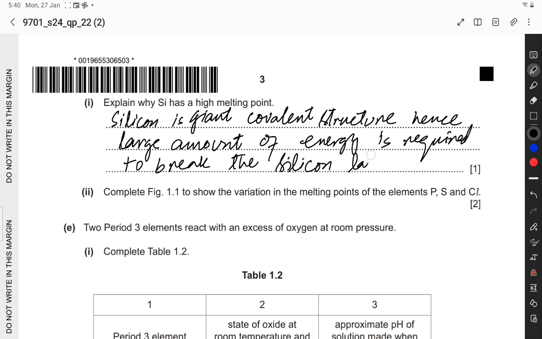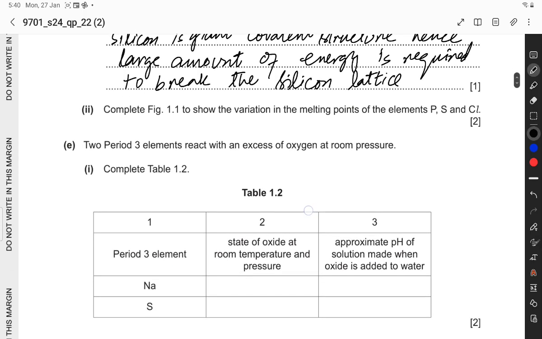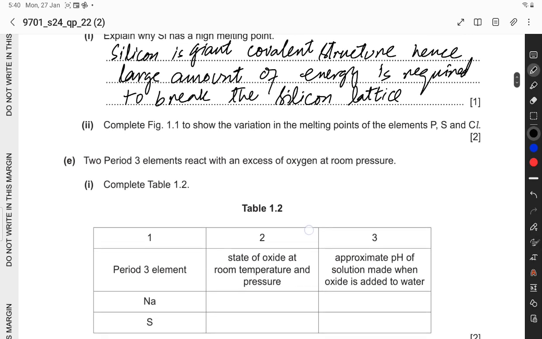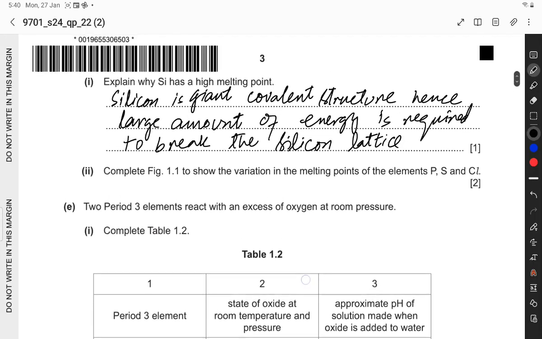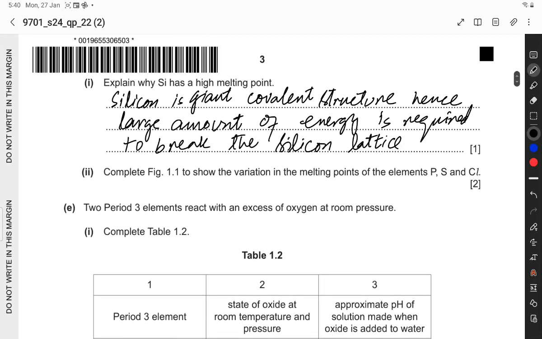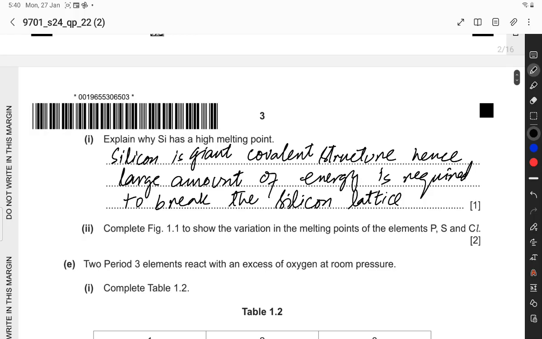Let us complete figure 1.1 to show the variation in the melting points of elements P, S and chlorine.